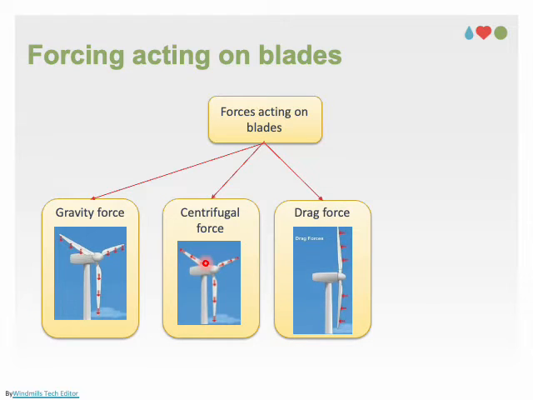The drag force is caused by air molecules hitting the wind-facing blade surface. A significant part of this force acts parallel to the rotor's main shaft, as seen here in this figure.